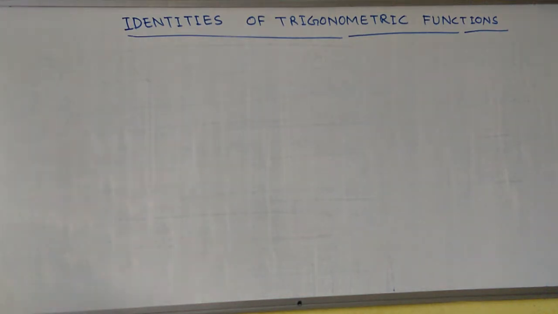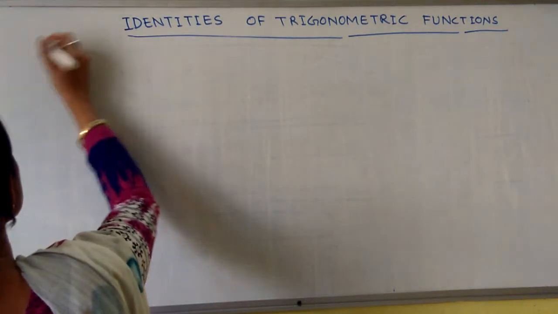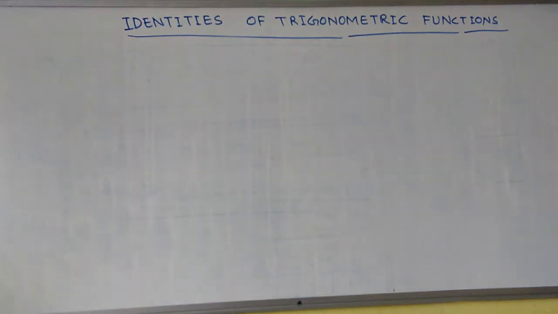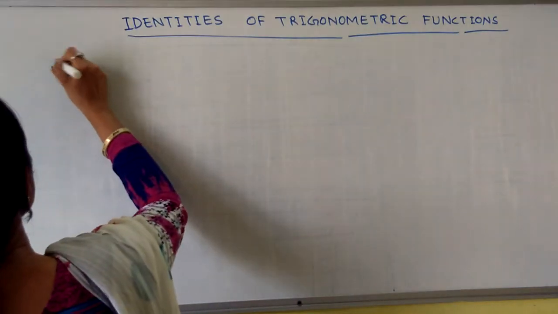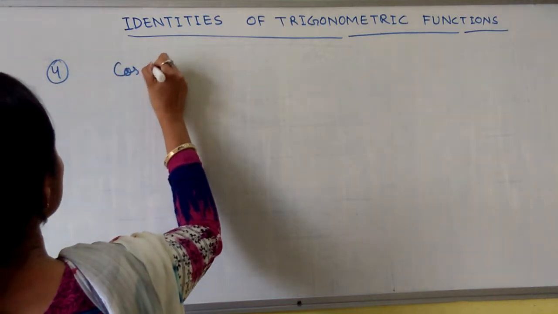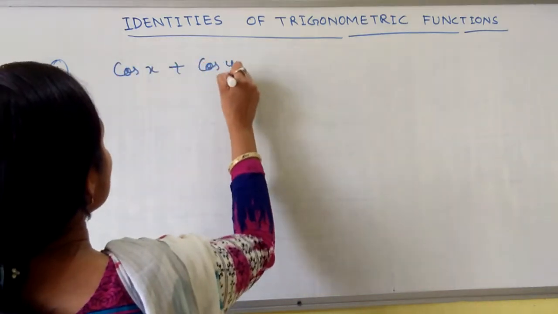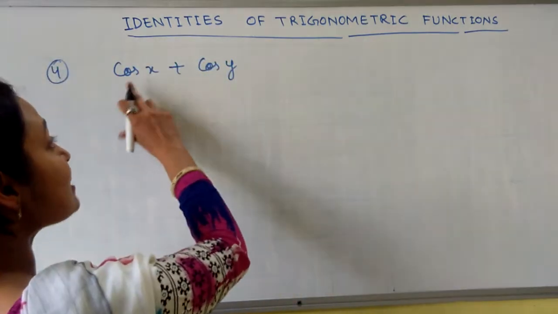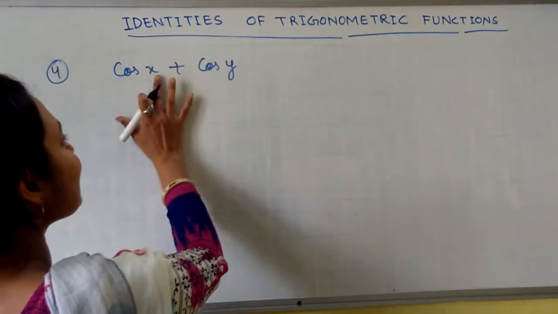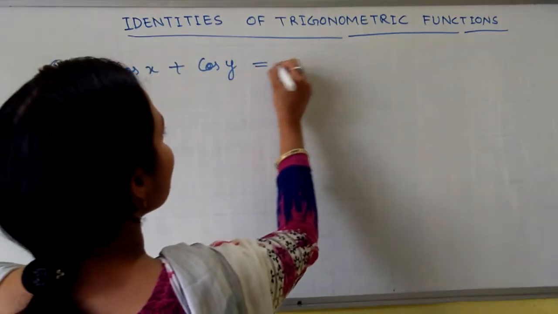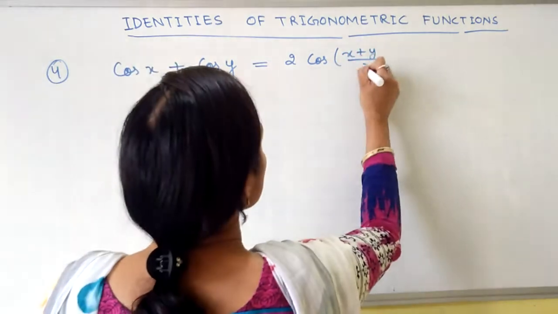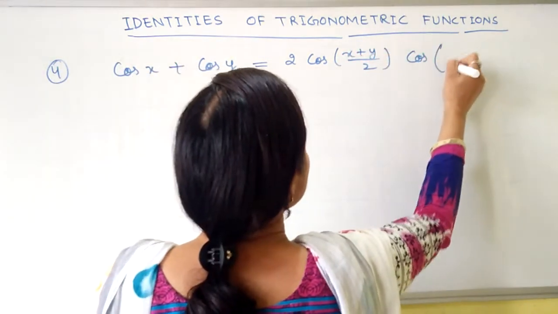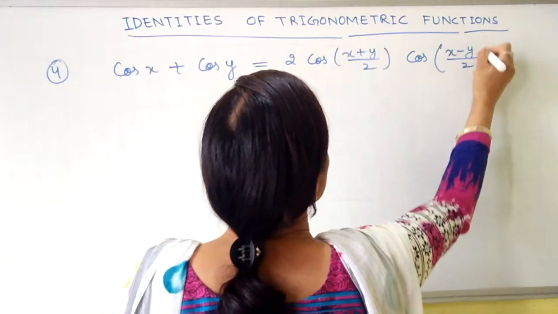The first formula is cos x plus cos y, with different angles, so we write 2 cos (x plus y) by 2 cos (x minus y) by 2.